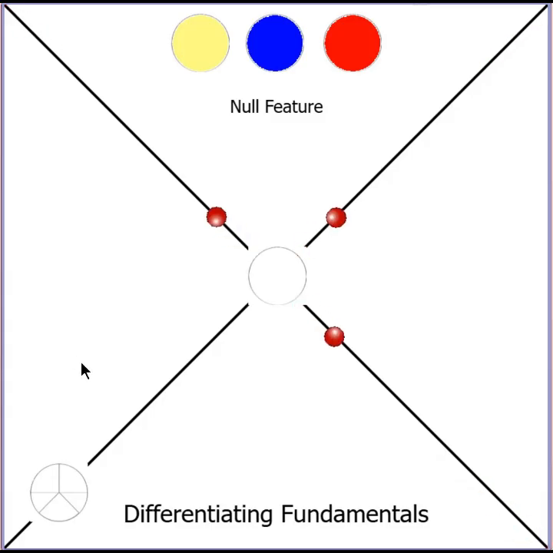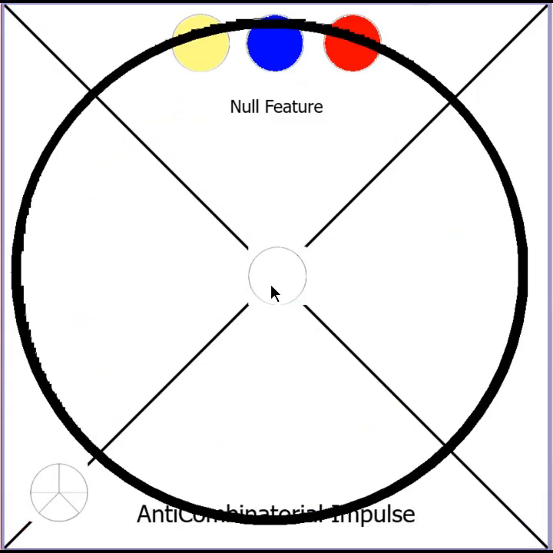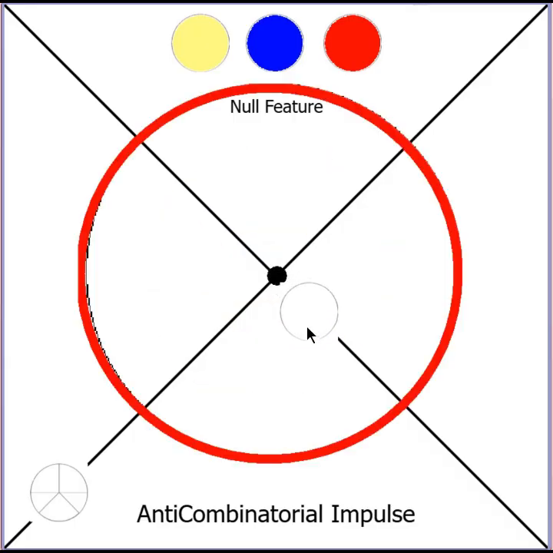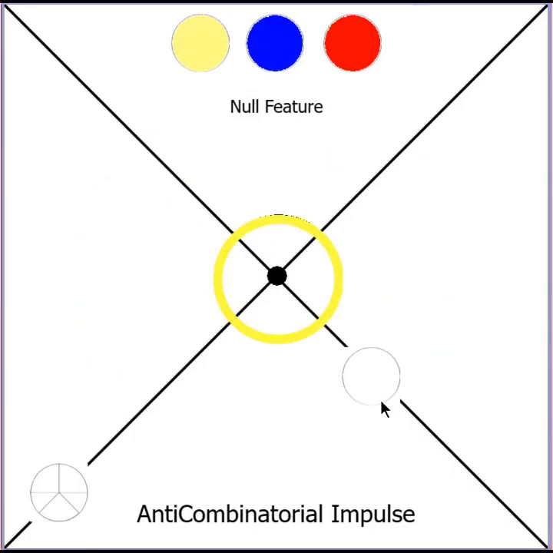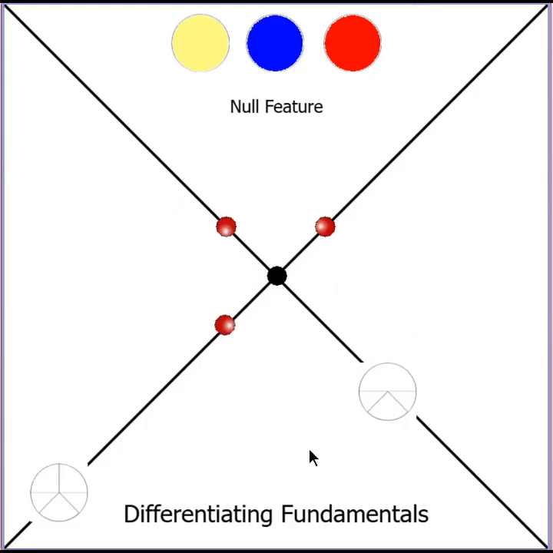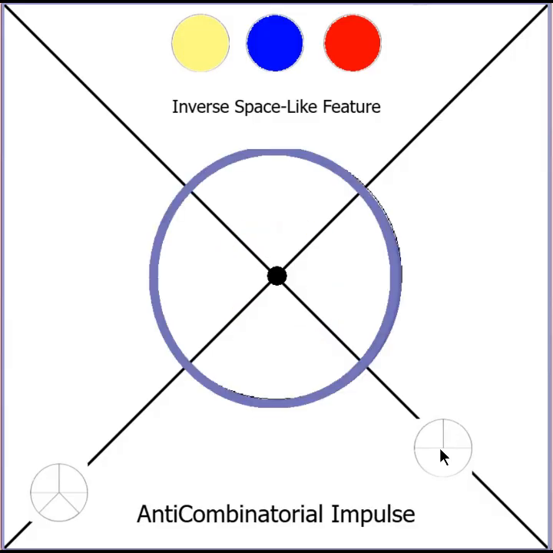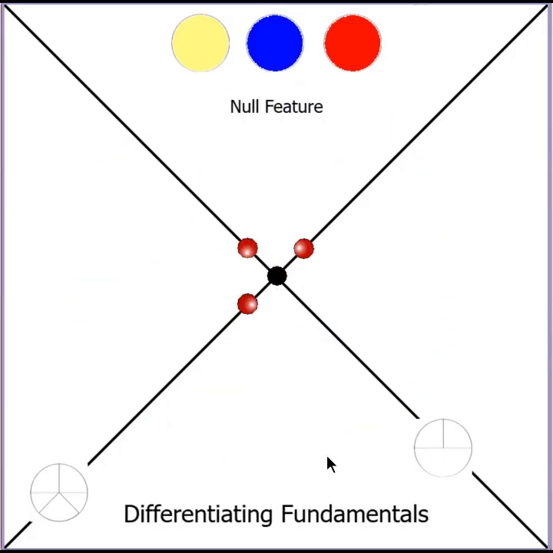This motion represents an anti-combinatorial action or impulse. There would be time-like and space-like features of differentiation until, at the maximum anti-combinatorial actions, the differentiation integrates into a T or V unique fundamental.